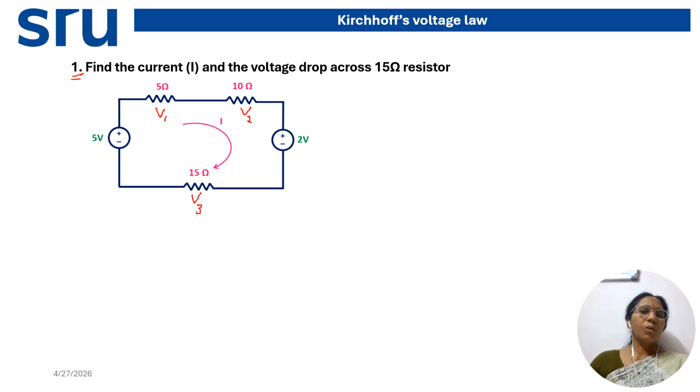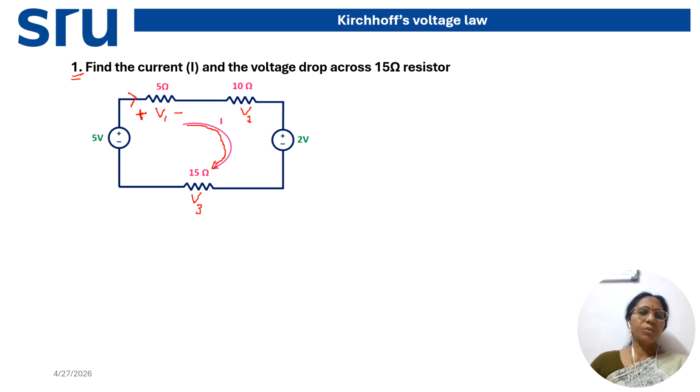Now the direction of current is already represented like this. When current is flowing through a resistance, it is taken as going from higher potential to lower potential, or from plus to minus, through the resistive element.